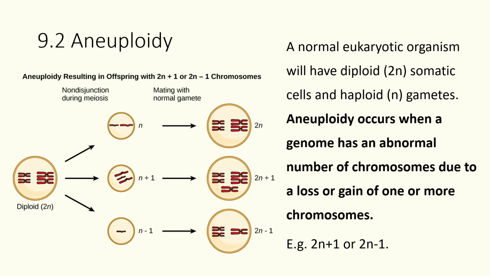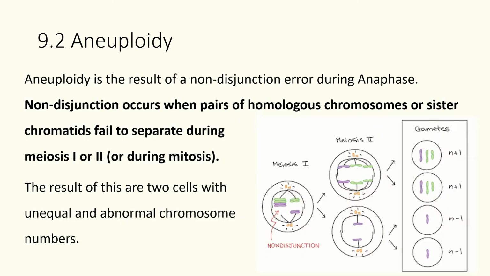And this is generally the result of, as you can see in the image there, non-disjunction, failure to separate during meiosis. So non-disjunction occurs when either a pair of homologous chromosomes, if we're talking about in meiosis 1, or sister chromatids, if we're talking about meiosis 2 or mitosis, fails to separate completely.